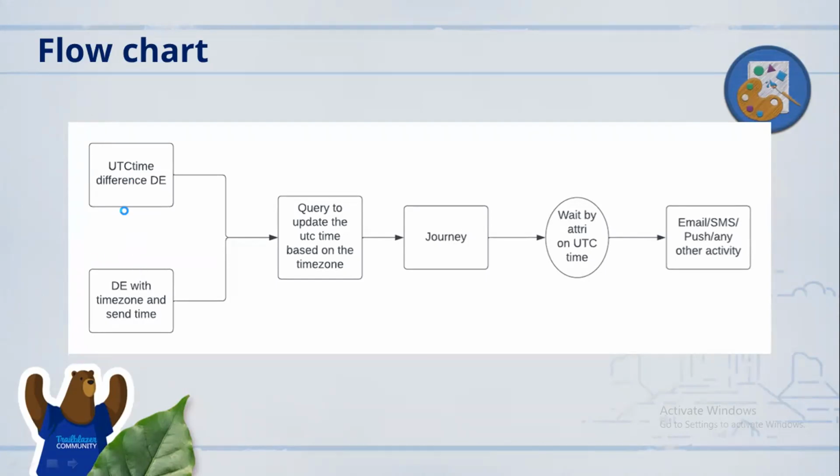Once we have these two DEs ready, using a query activity we are going to update the target DE with the exact time in UTC format. Assume we are targeting 8 p.m. EST; it will be converted to UTC time and saved in the target DE. Then in the journey, before sending the email, we use the wait by attribute function.